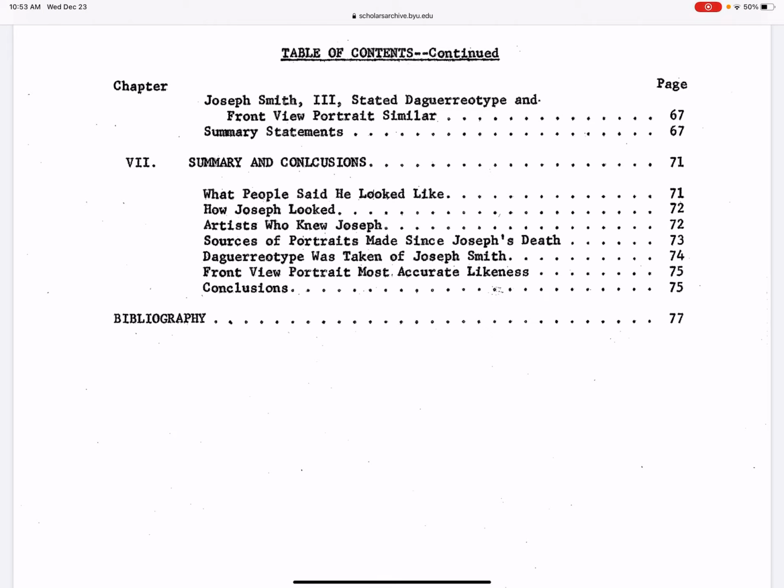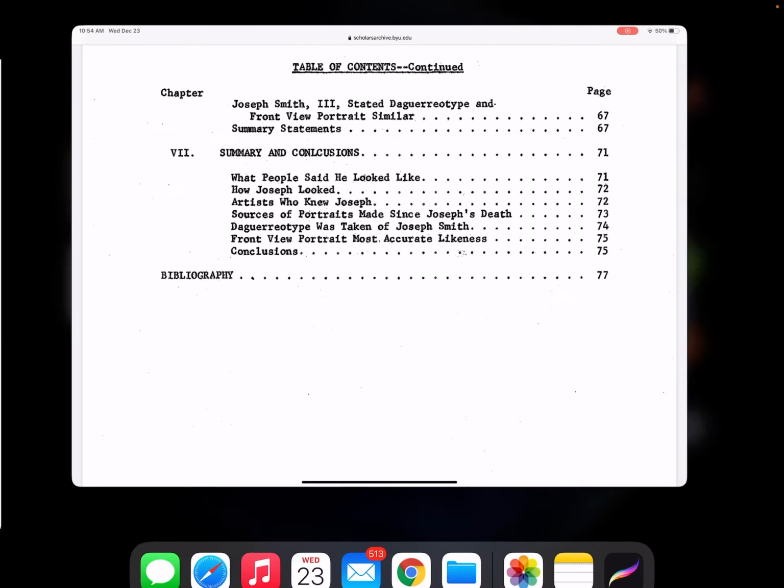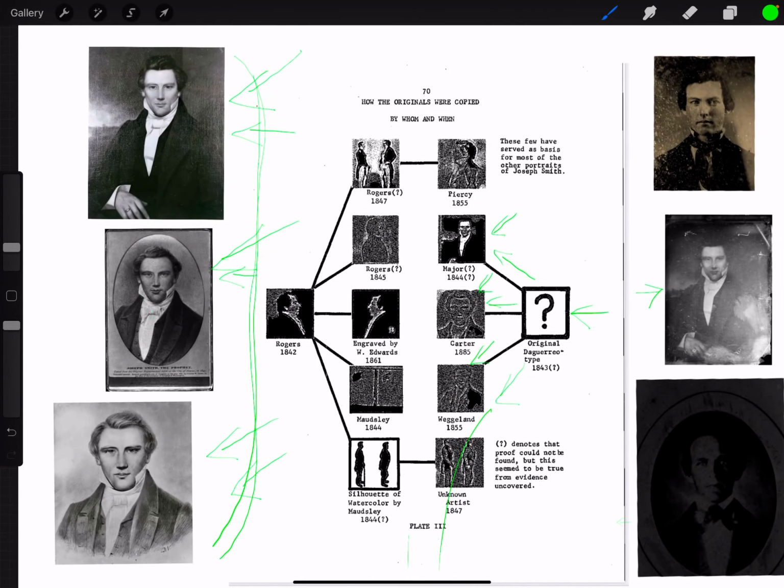And even though two people state that they knew Joseph Smith III and met him and met Emma, I mean, Joseph Smith III knew his own dad and mother. I think he would have had at least enough, even though he wasn't right all the time. I think he knew enough to state this was done from life.